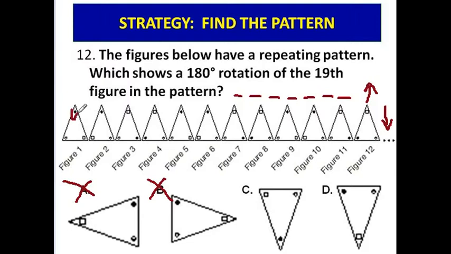Here I've got a dark, here I've got a dark, here I've got a light, here I've got a light. Here the tip is dark, here the shape is dark. Here the shape is light, here the shape is light, dark, dark, light, light. This one's going to be dark, this one's going to be dark, this one's going to be light, that one will be light, dark, dark.